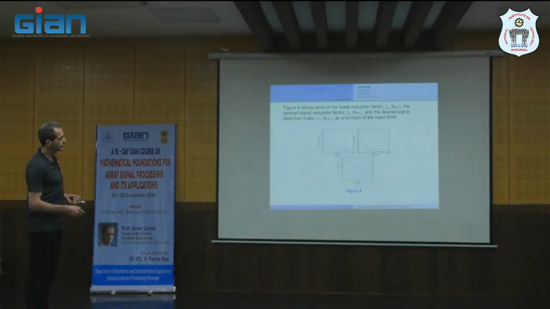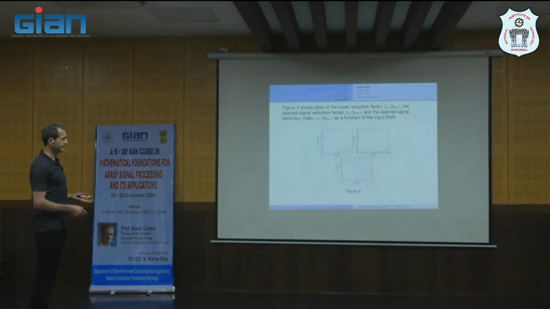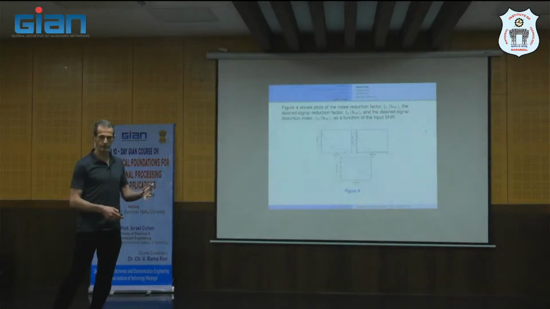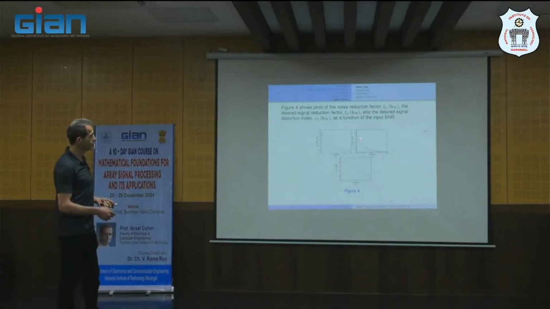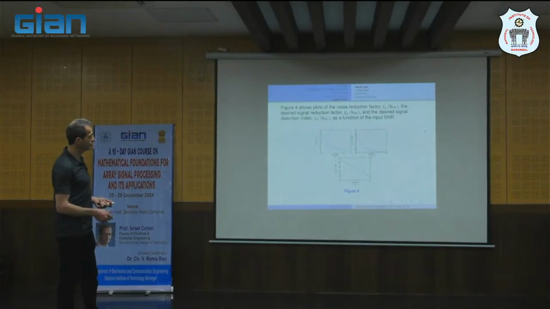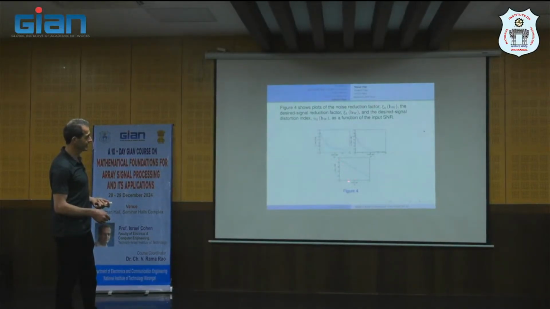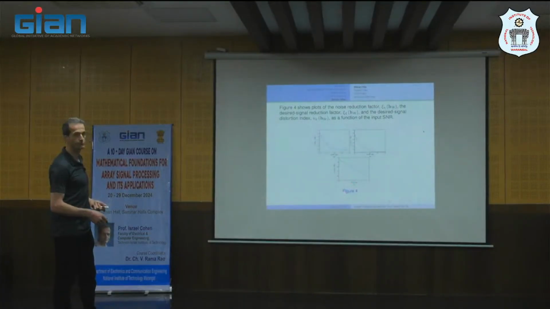So we see the noise reduction factor decreases. It makes sense because we have less noise, so we need to reduce less noise, and also the distortion decreases when we increase the input SNR.